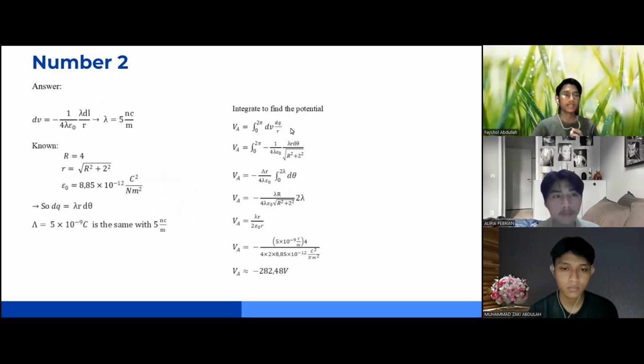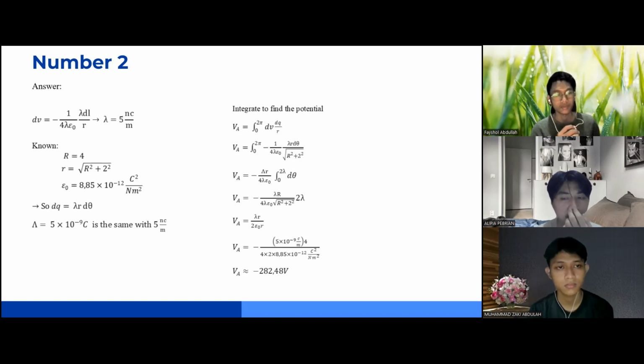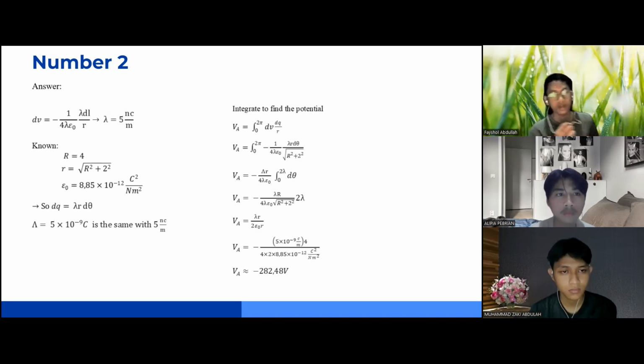So for the answer, we need to write the known values of the equation: the capital R equals 4, the distance R is equal to the square root of capital R squared plus z squared, and ε0 is 8.85 times 10 to the power of -12 C² over N·m².